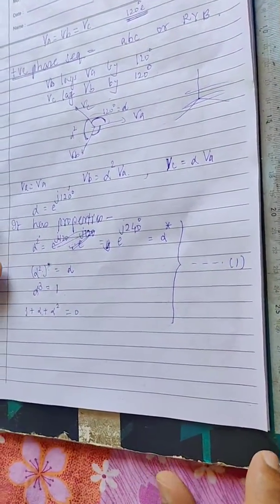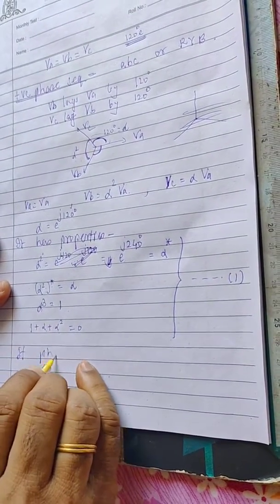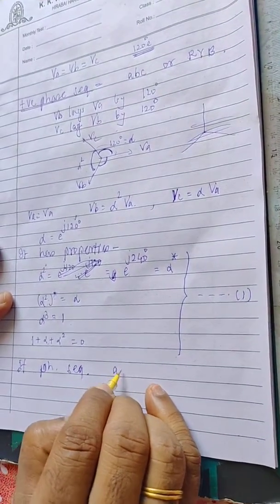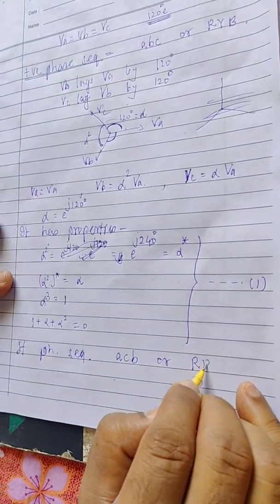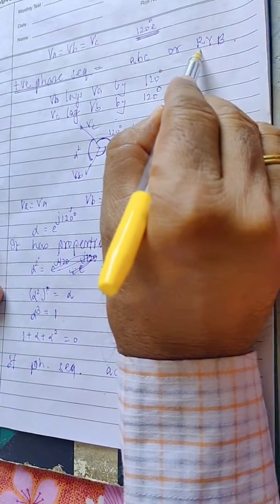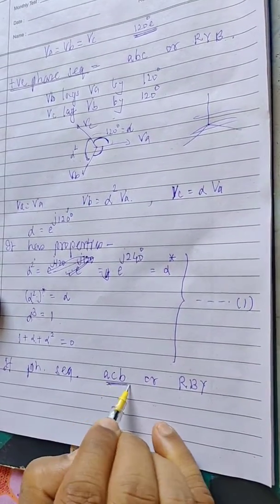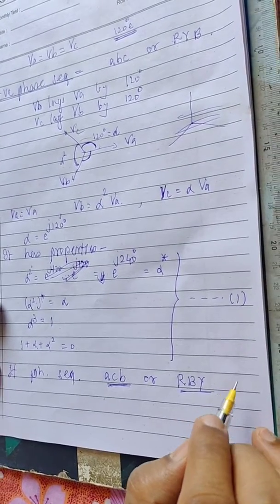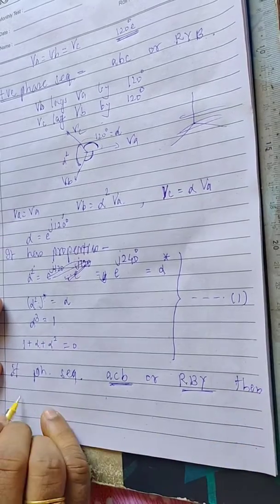Then the phase sequence: if the phase sequence is ACB or RBY, it is called negative phase sequence, while positive sequence is ABC or RYB.